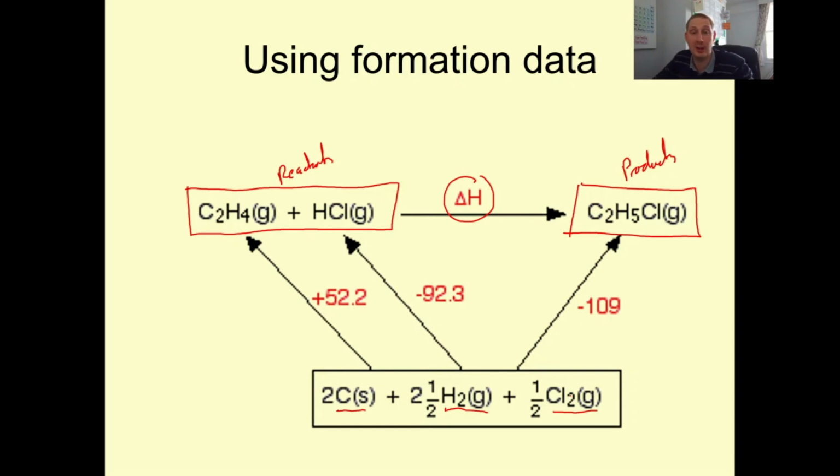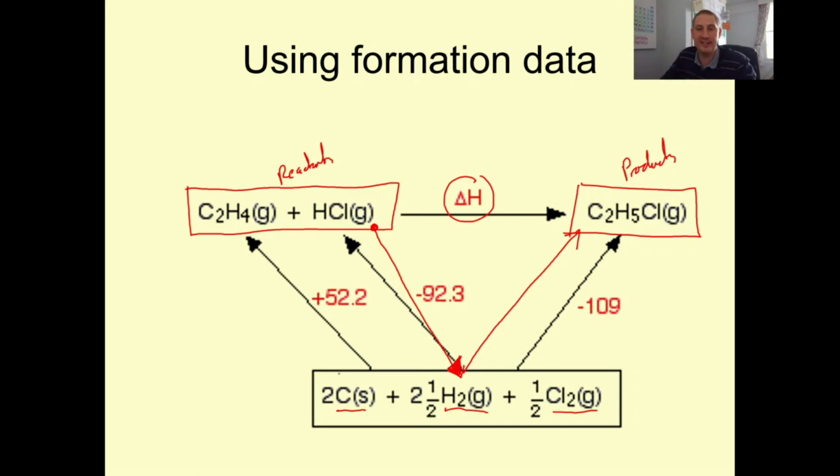Now, just like with the bond dissociation energy, we imagine going from the reactants to this common state, to this reference state, and then back again. But the difference here is now we are going against the arrows in the first part.